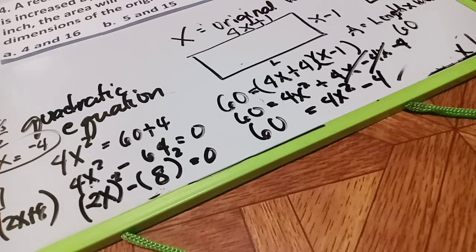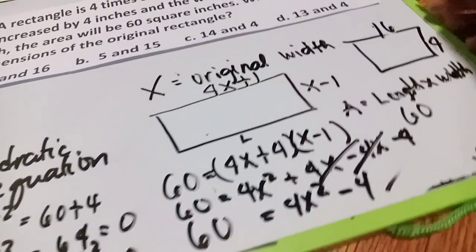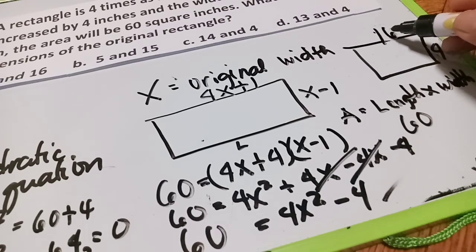How do we get the 4 times the width? The question asks for the dimensions of the original rectangle. So the width will be 4, and 4 times x will become 16. The width will be 4 and the length will be 16.